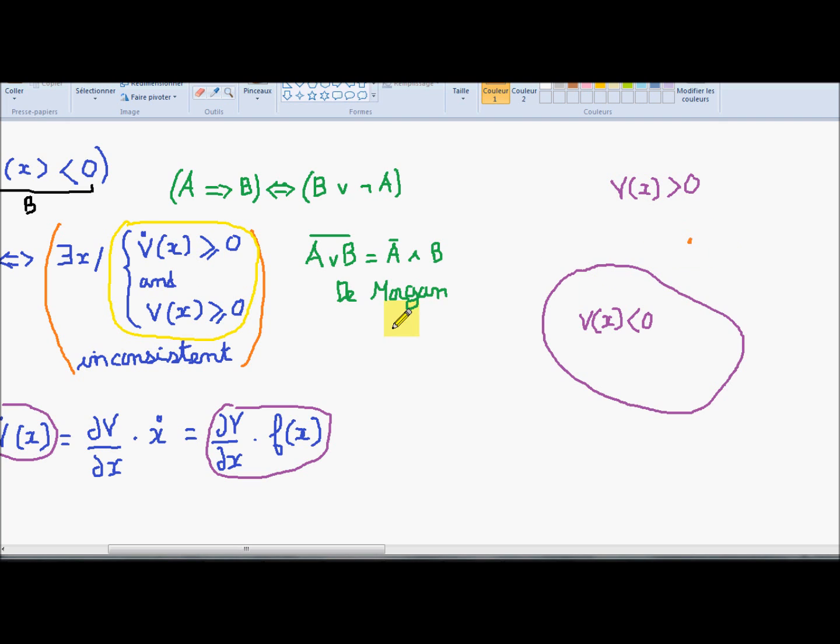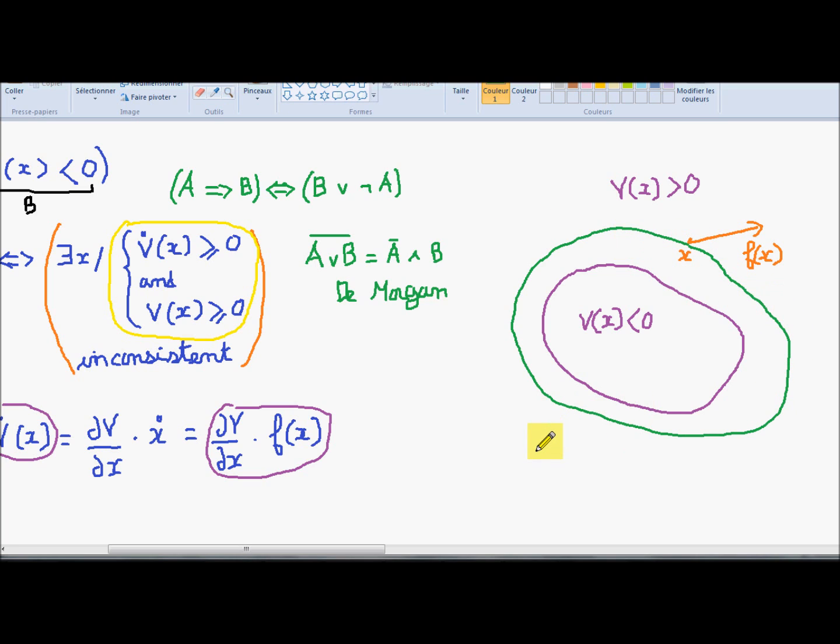So I will try to show how it works. Here I draw an arrow which represents here x, here f of x, which corresponds to x dot, and here in green I will represent a level curve of V. So for instance, here I have V of x equal to 5, let's say 5.